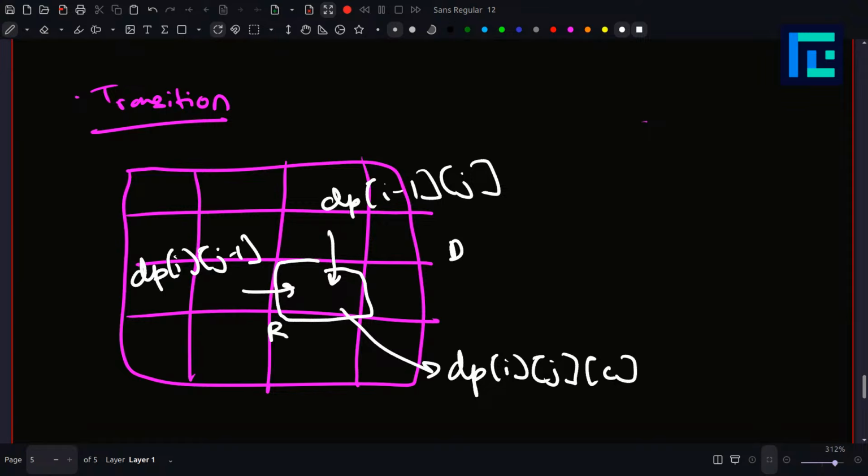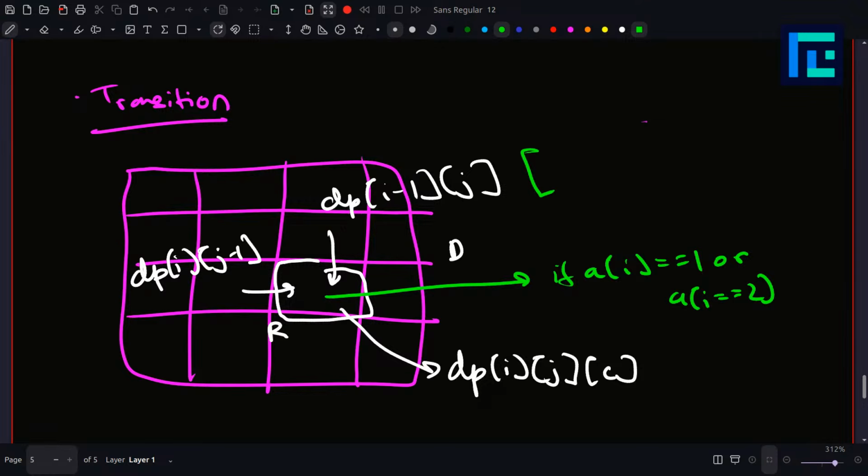If my current value, a of i, is equal to 1 or 2, then the cost will be simply minus 1, because now we have an extra cost. So we have come from dp[i-1][j][c-1] to dp[i][j][c] if the current value is positive.